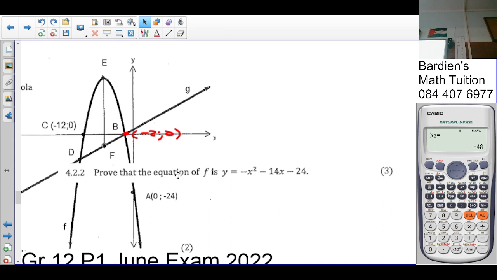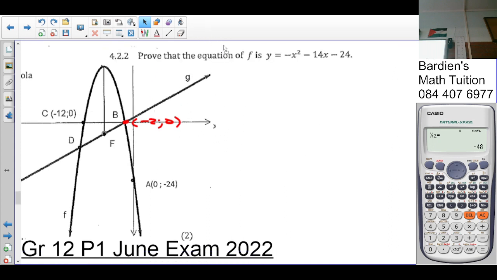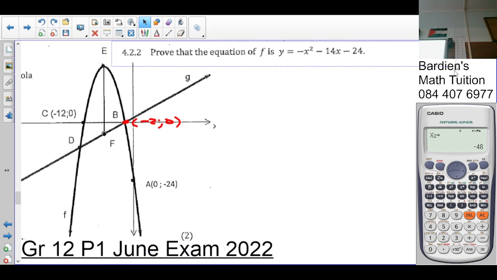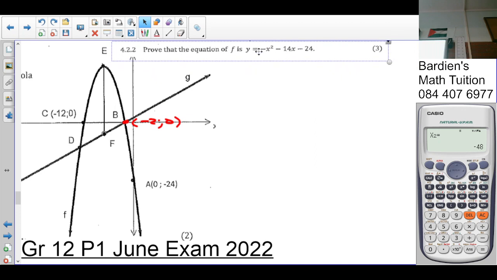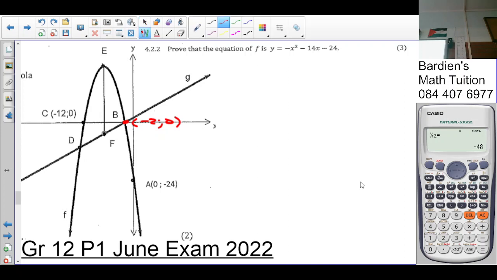This question says, prove that the equation of f is defined by that formula here. So what do we have here? If you look at this graph, we actually have two x-intercepts.